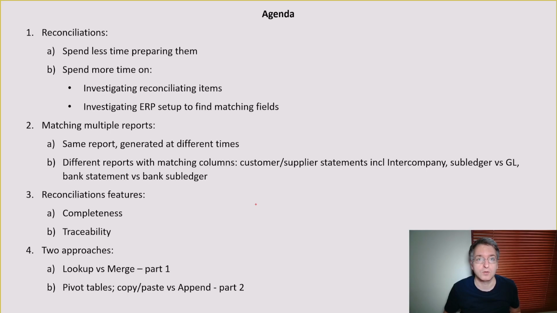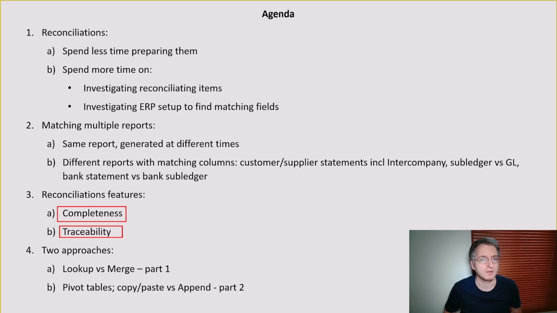When designing the solution, I focused on two features: completeness and traceability. Completeness means that I want to see on the face of the reconciliation the breakdown and how that breakdown adds up to the total of the balance. So I want to clearly see that the total of the mismatches plus the total of the matches equals the total of the balance.